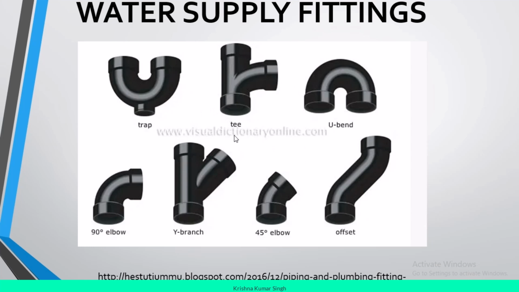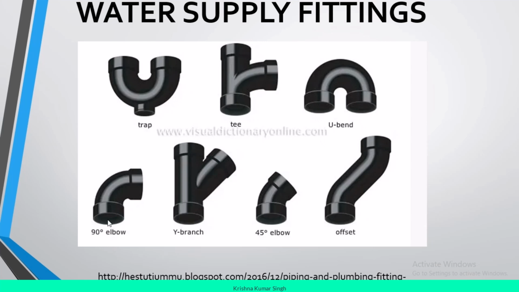If you have a vertical pipe coming from this direction, and you want to take a branch from your incoming pipe, you can use a T, and then you have a U bend to transfer the direction of your fluid towards the back direction, right?